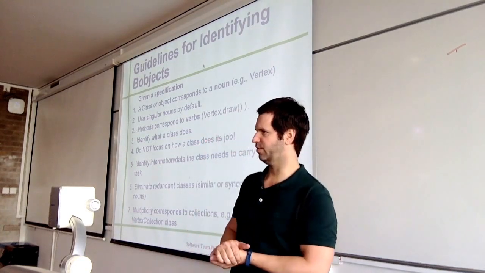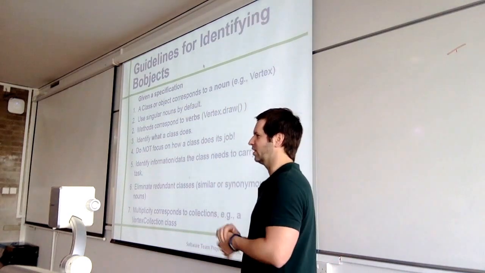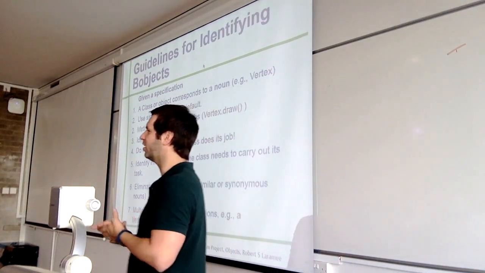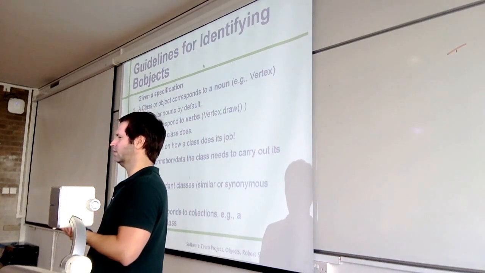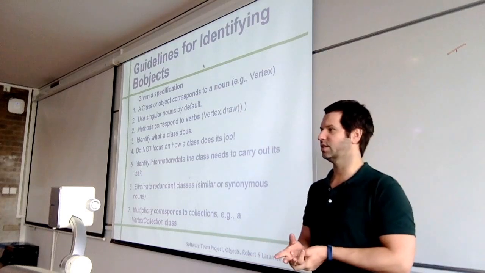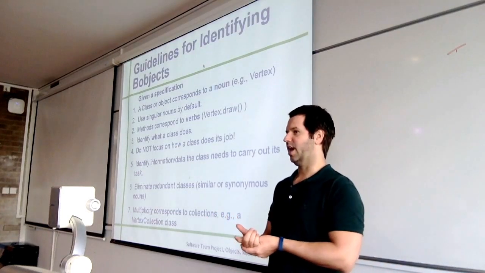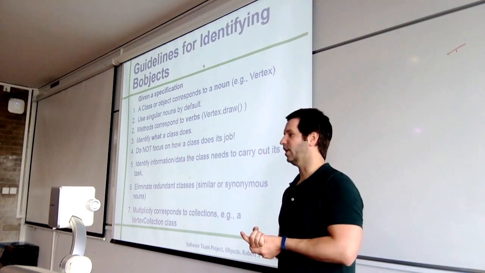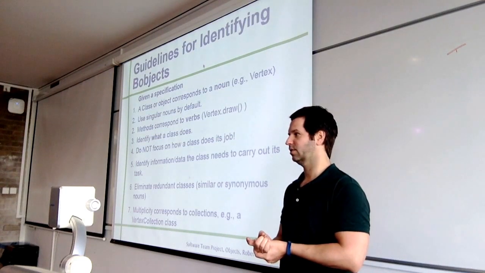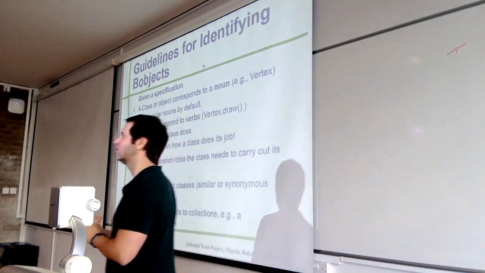It's a descriptive term applied to a noun. So selected is not a good candidate for an object. It's a good candidate for an attribute of an object. You can imagine having selected as a Boolean value inside an object, true or false.